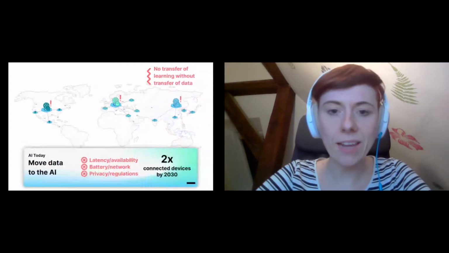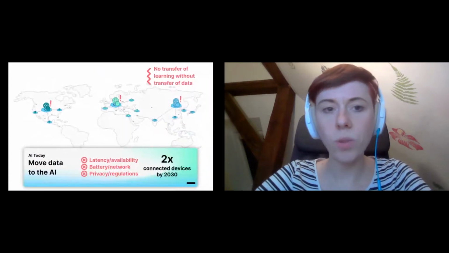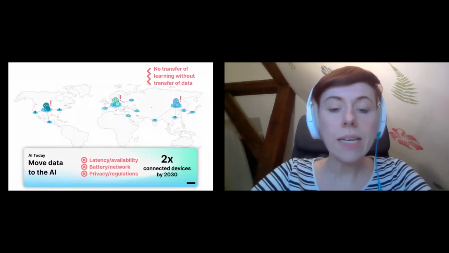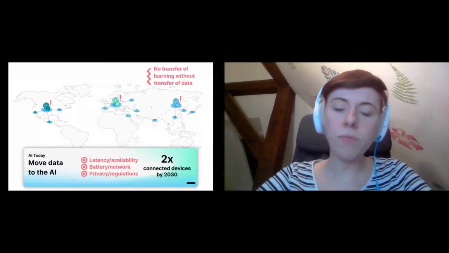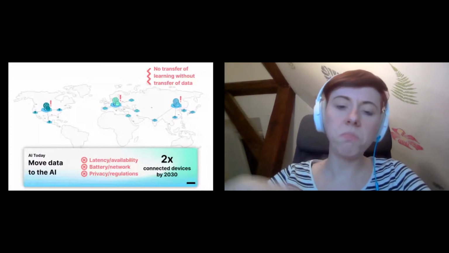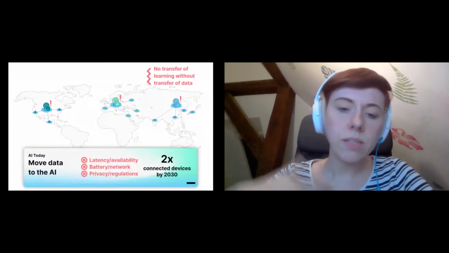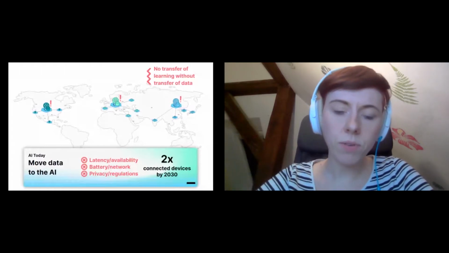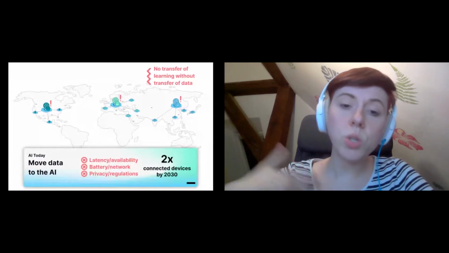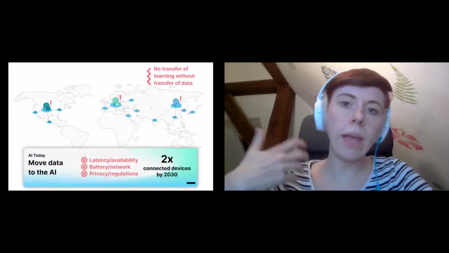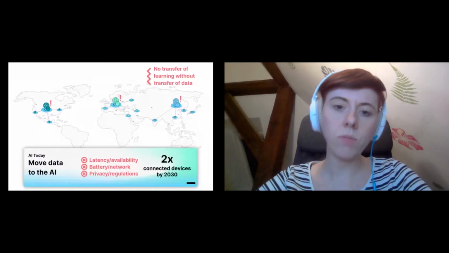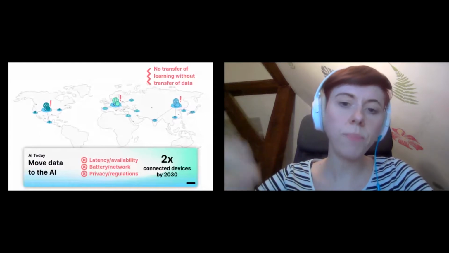The problem today with centralized learning of AI models is the following. Mostly you have different types of devices that hold data. For example, on your phone, you have a lot of data. But in order to use this data to make AI models, you have to move it to the cloud or to a server.